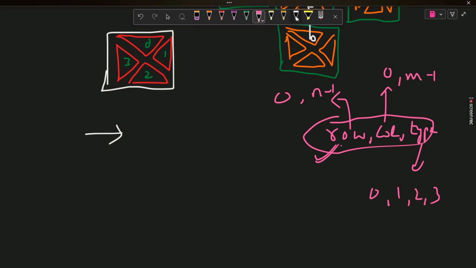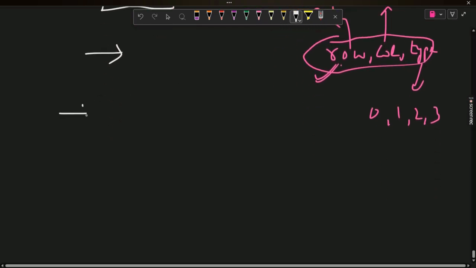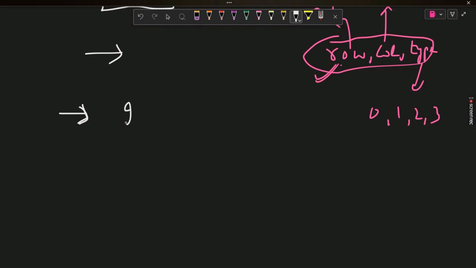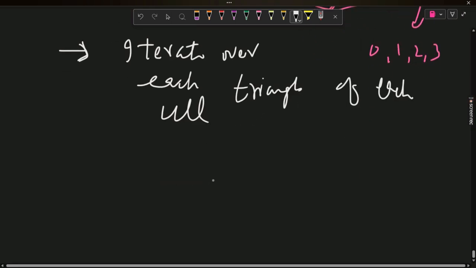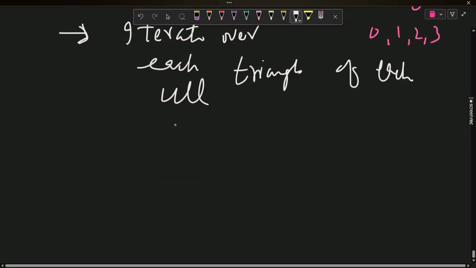So let's now formulate an algorithm first. Basically what I have to do is iterate for each triangle of each cell, simply as we always do in case of connected components.